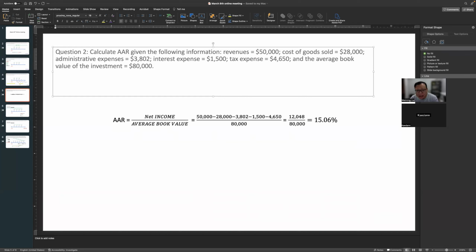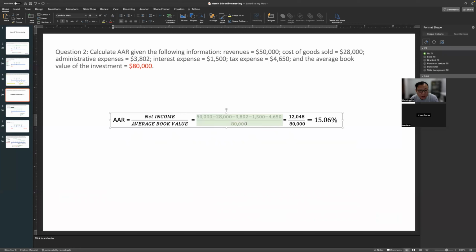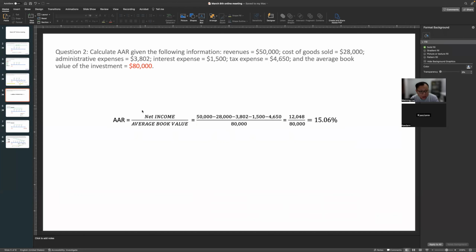And the average book value is pretty obvious here. That is the $80,000. And the net income, right? You have taken some financial accounting, right?